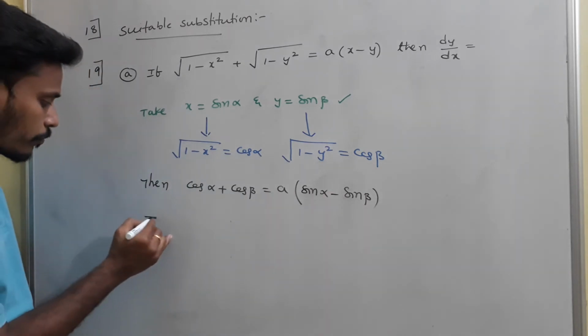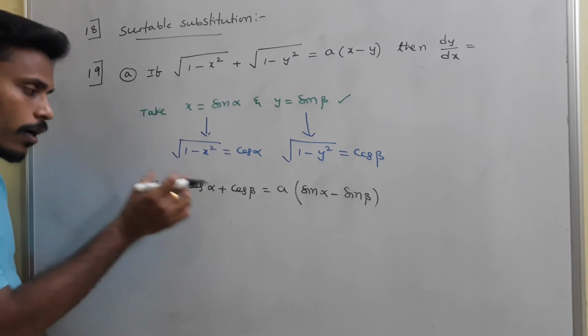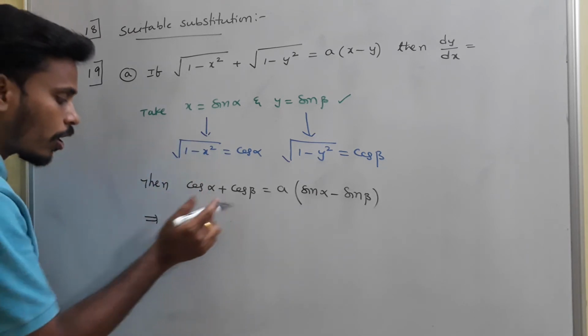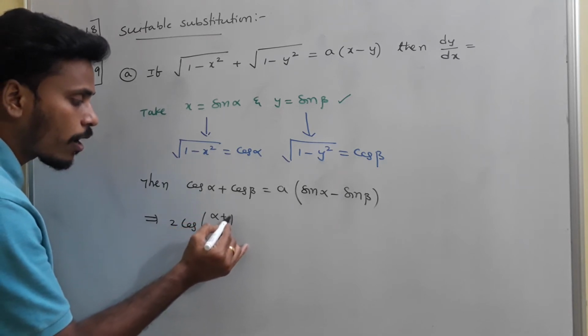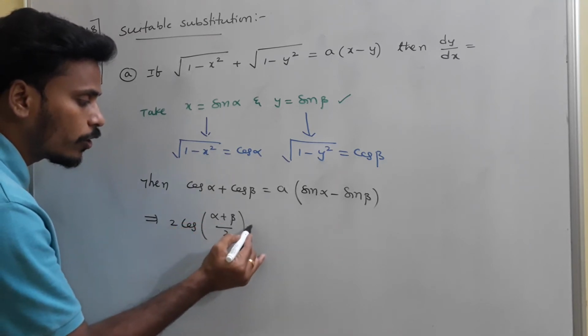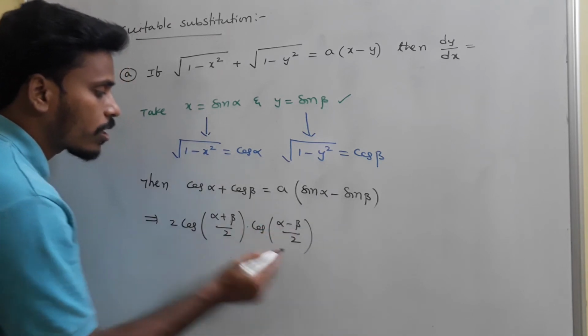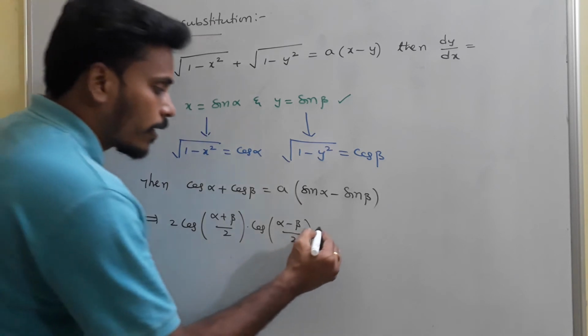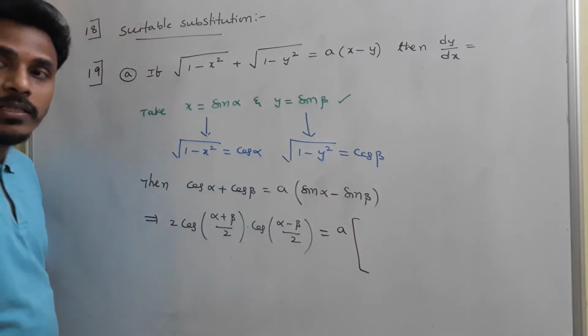And now for cos alpha plus cos beta, you just use a trigonometric formula here. Cos alpha plus cos beta is nothing but 2 cos of alpha plus beta by 2 into cos of alpha minus beta by 2. That is equal to a into, think here, sin alpha minus sin beta.